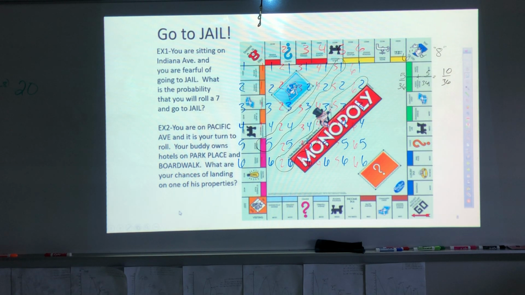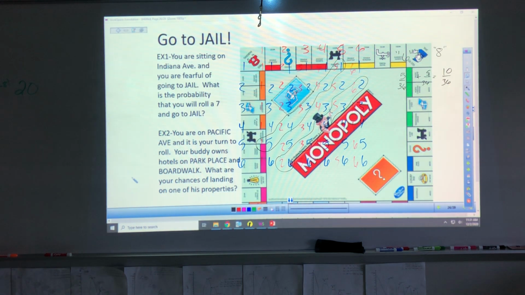So just putting that up here, rolling a 6. We said it was 5 out of 36 for rolling a 6. An 8 is also a 5 out of 36. They're mutually exclusive.